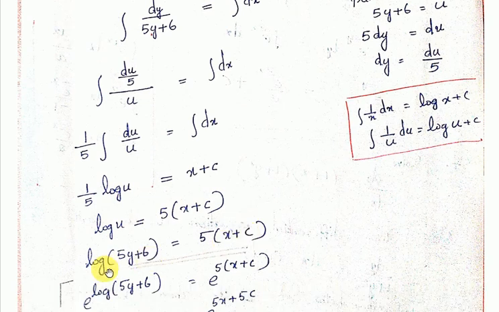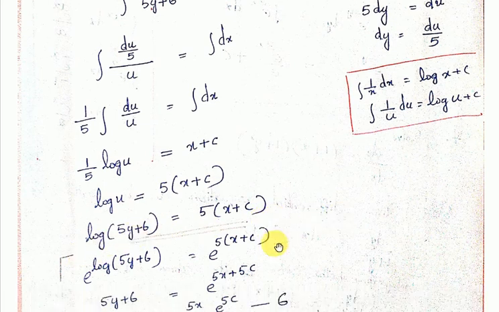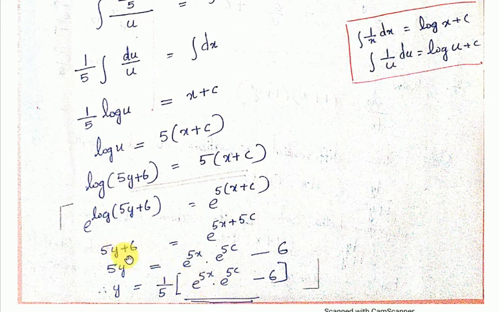That is log of, instead of u we can write 5y plus 6. Log of 5y plus 6 equal 5 into x plus c. We can stop here. There is no need for writing more. If you write this also, it is correct. You can again reduce it to the form y equal to that solution.